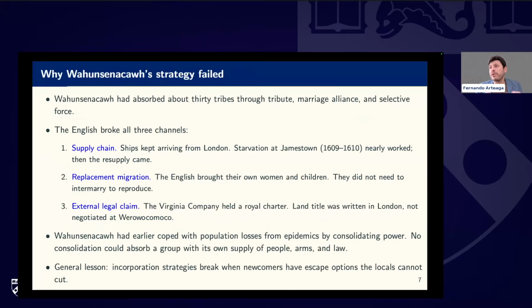Now, another important aspect I want to emphasize is that the way social conflict between Native Americans and Europeans occurred was sometimes due to asymmetries of information. One thing historians have discussed quite abundantly is that Europeans did not know how Native American polities work, and Native Americans did not know how European polities work.